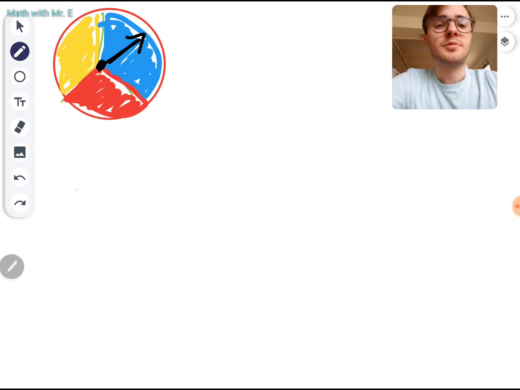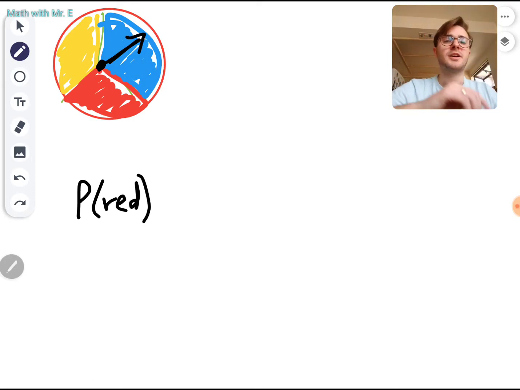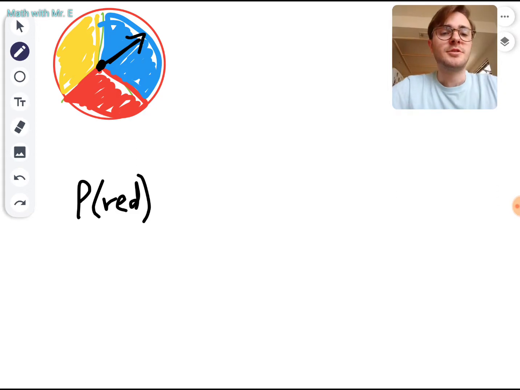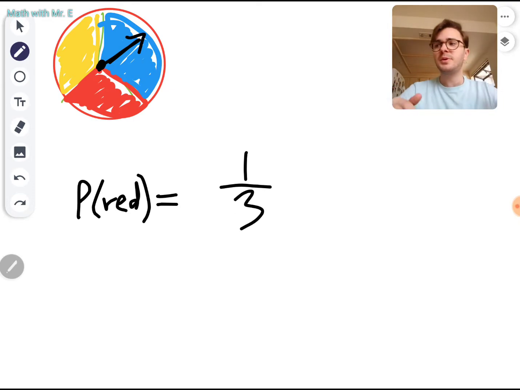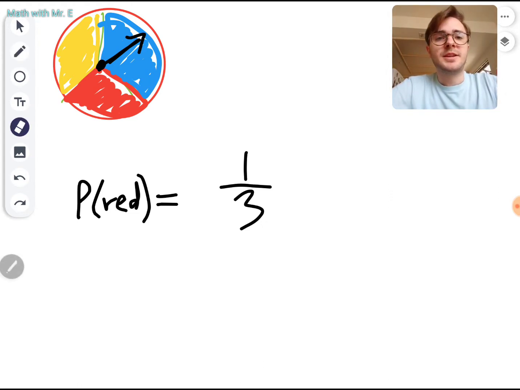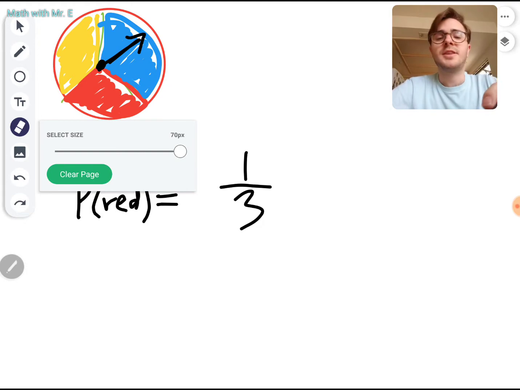So the probability of spinning red would be equal to, again, the number of favorable outcomes, so there's only 1 chance that I land on red, over the total possible number of outcomes. So P of red equals 1, and there are 3 different colors. So the probability that it would land on red is 1/3. Okay, so that's how we can find the probability of this sort of thing.